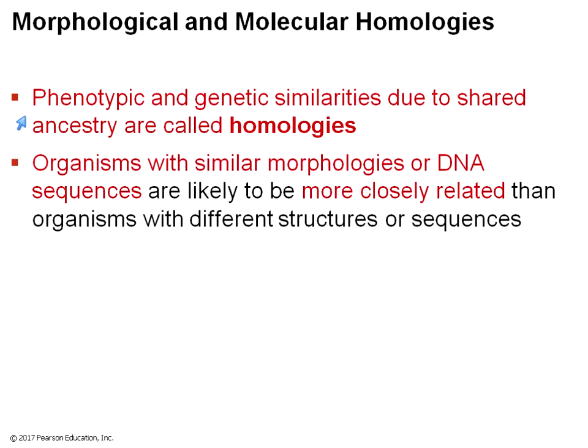Phenotypic and genetic similarities due to shared ancestry are called homologies. Now that word homology is very important because we're talking about things that look alike, they act alike, but there's also a component of shared ancestry.